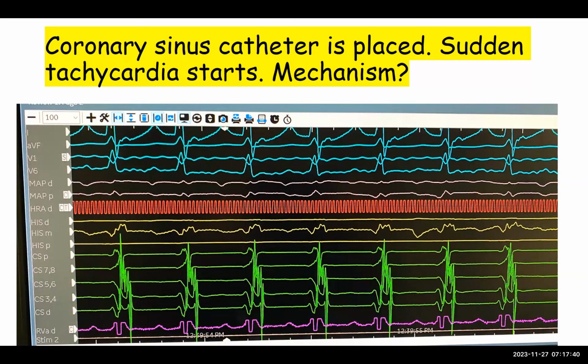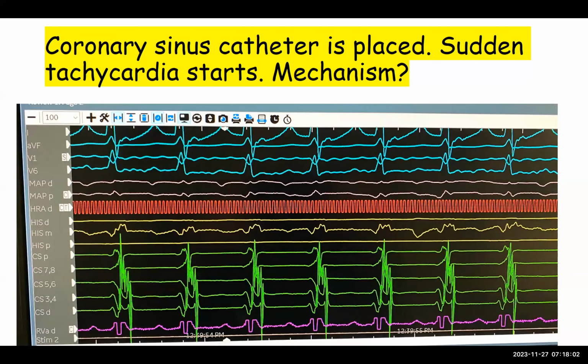First of all, if someone had AVNRT, then the reentry is occurring in the AV node itself, and the entire rest of the heart is depolarizing passively from that location. So we would expect the CS distal atrial impulses to be later than proximal, just because the proximal is physically a lot closer.